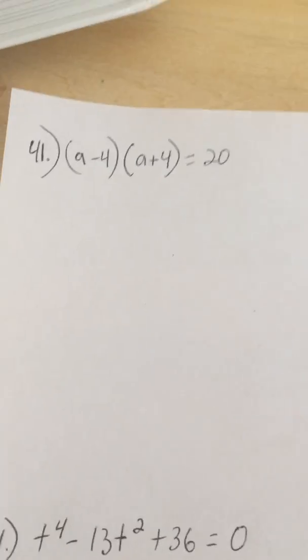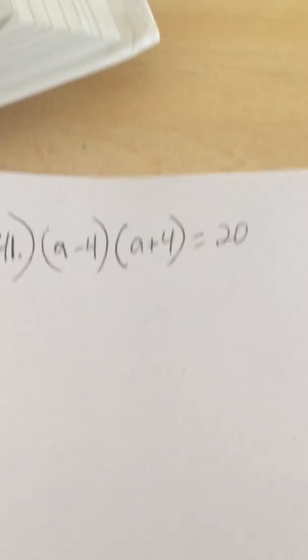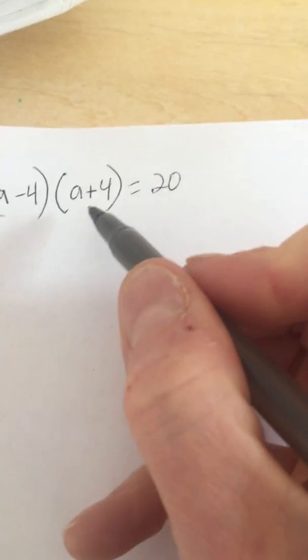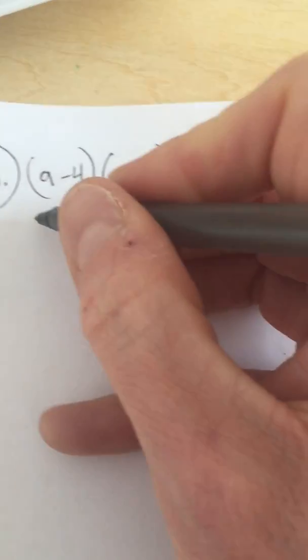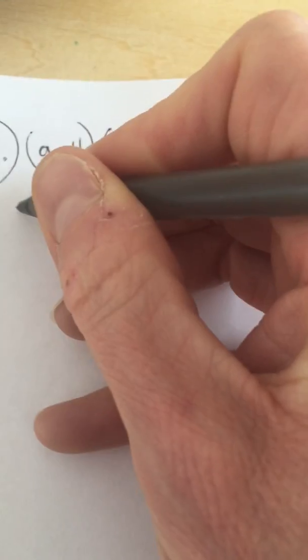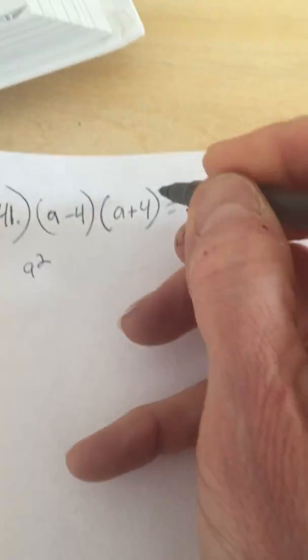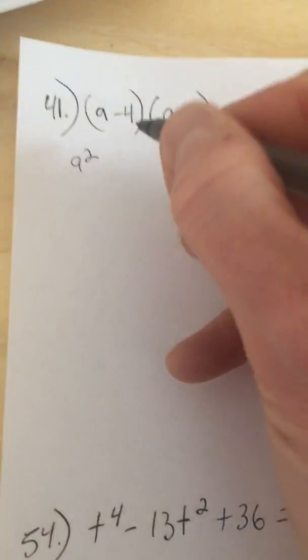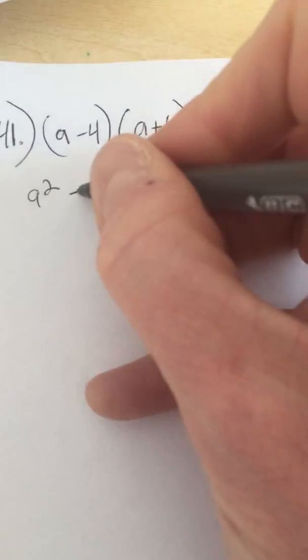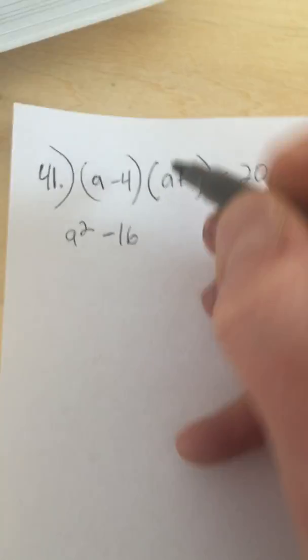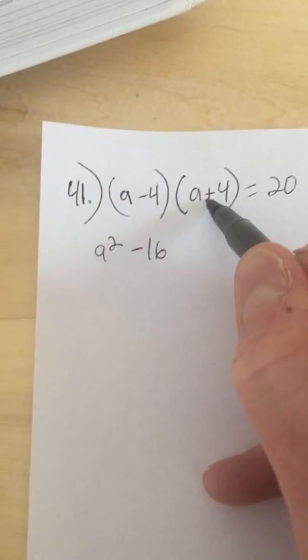Now these ones were kind of really hard for me. But what I realized is that I've got to turn this back into a difference of squares. So a times a is going to be a squared, and then you distribute this and you end up with a squared minus 16. Because if you had this, you could go back to that.